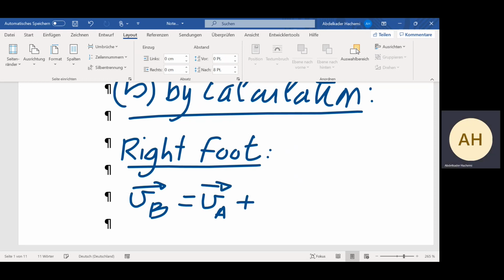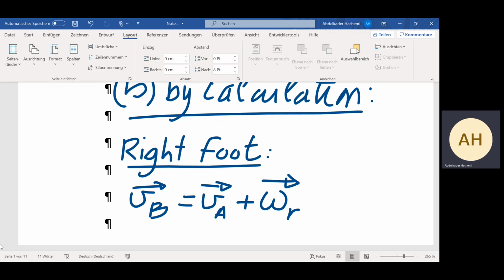plus the relative one, and we write here, instead of writing phi dot 2, in this case we can write omega, we make a distinction, omega right, the angular velocity omega right.